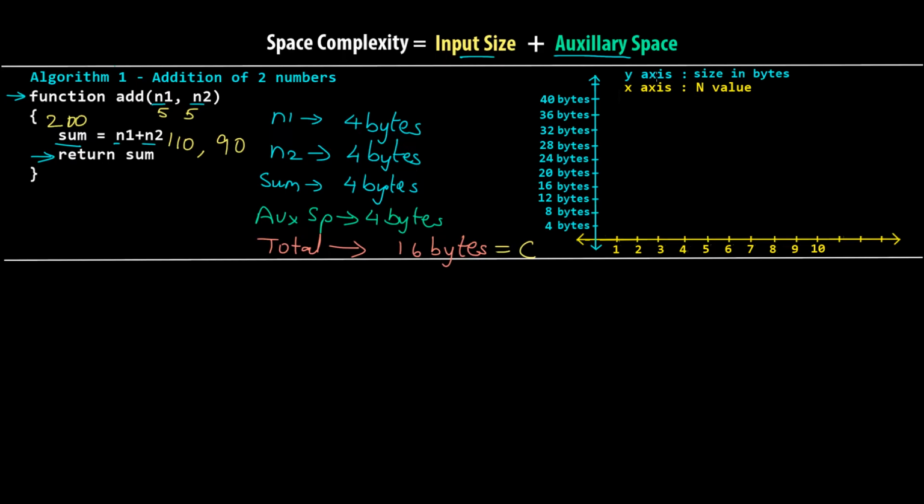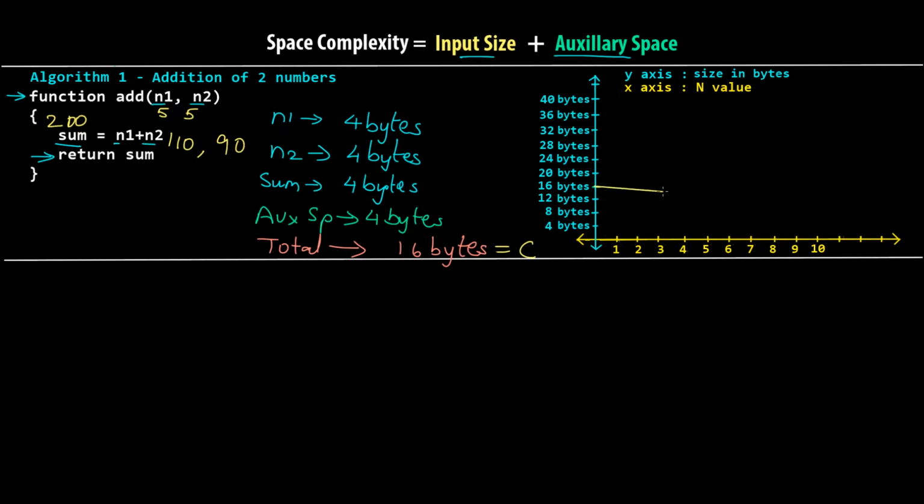So if you track it on a graph, y being the size in bytes that this program is occupying, and the x axis is the input size. Over here the input size is not changing, it is actually going to be a constant value, and we are having just two variables. So no matter what, we are constantly at 16 bytes only.